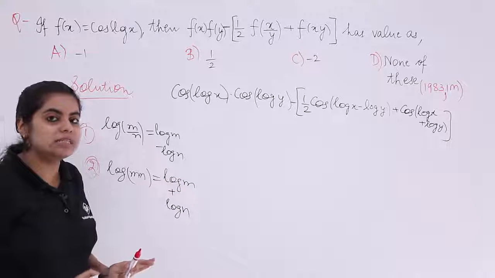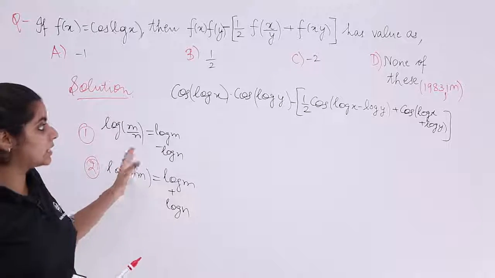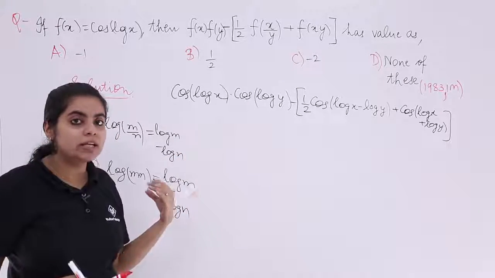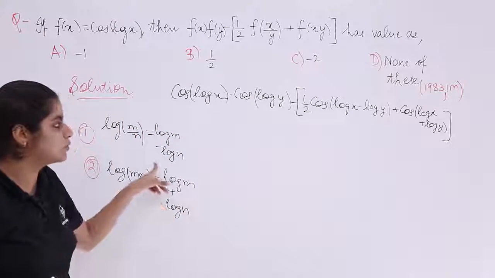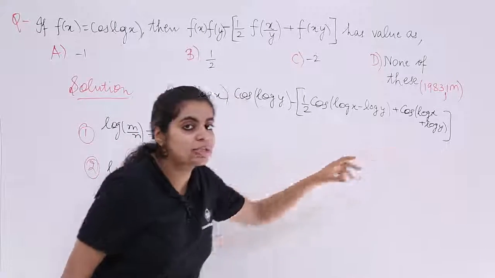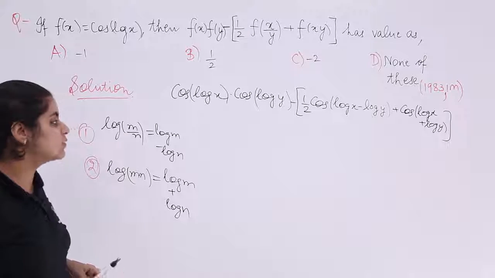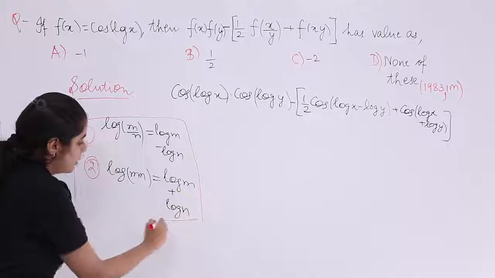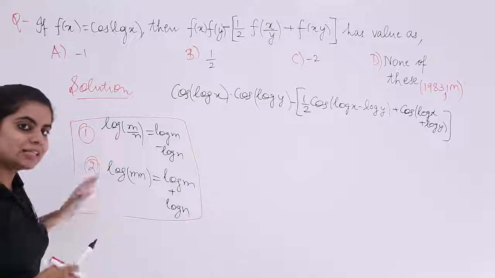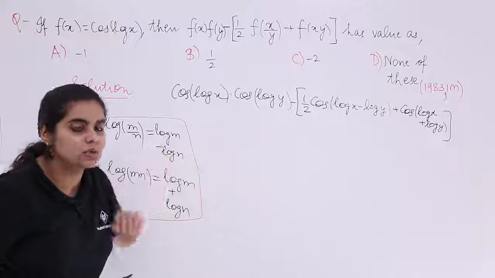Why are we writing these formulas? Because if you look at the solution later on, you can comprehend and understand that this step is because this formula was used here. And since it is a formula, let's enclose these formulas in a big box, and then move forward with the solution part.